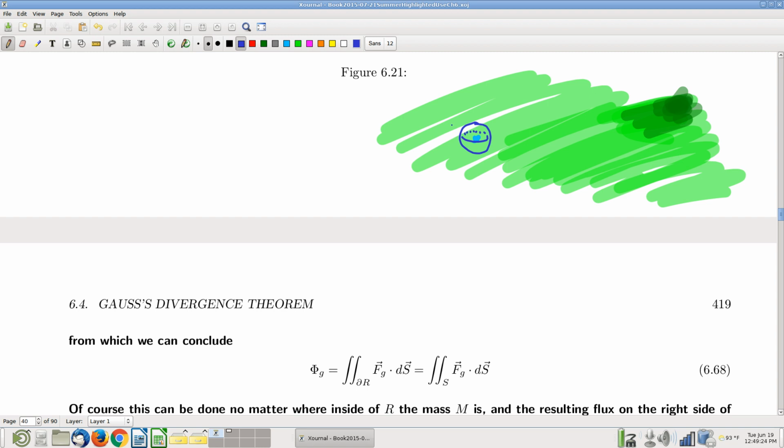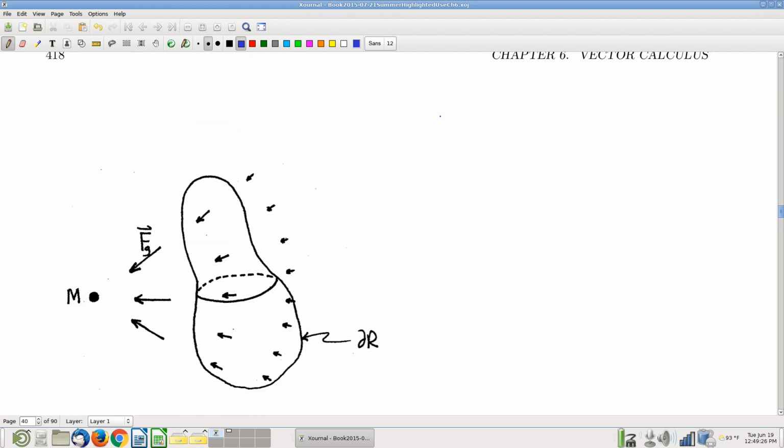But we already know a couple of things. Here's the first thing that I know. From our first example, if I have a surface, and if I'm interested in the divergence of the gravitational field through that surface, any mass that's outside of the surface contributes nothing, right?